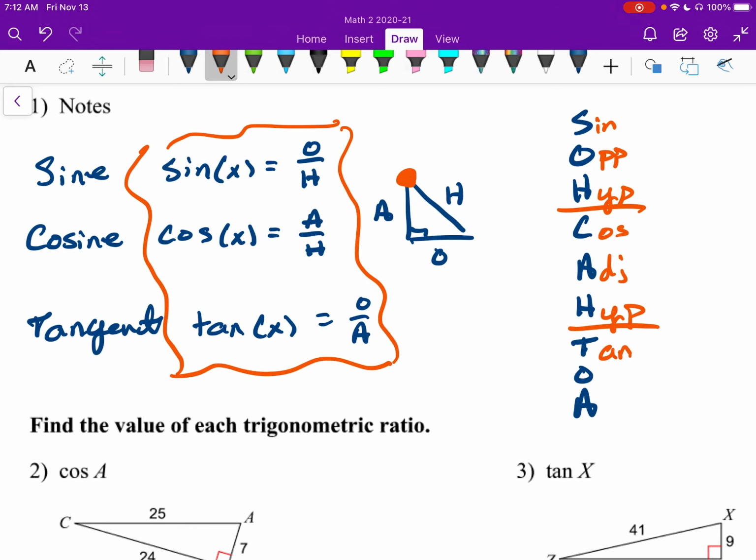And tangent is opposite over adjacent. So this is what I remember. And then after you do a few worksheets with it, you'll just know them offhand. So the Sohcahtoa would be a good thing to have written down on another sheet of paper and have next to you so that you can reference it.